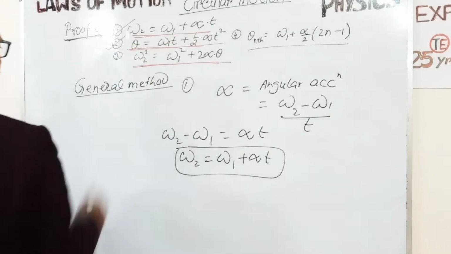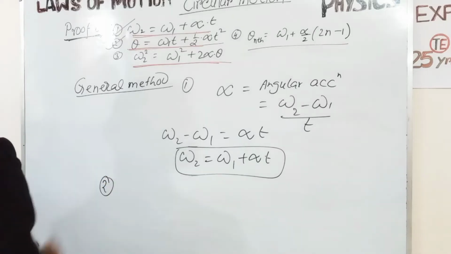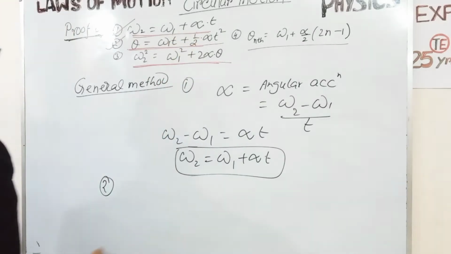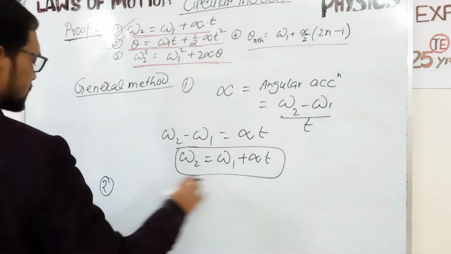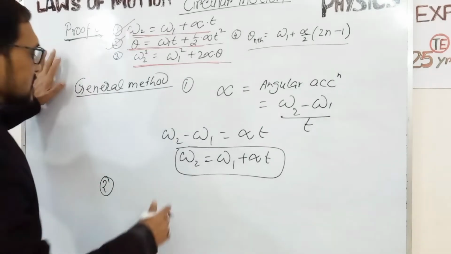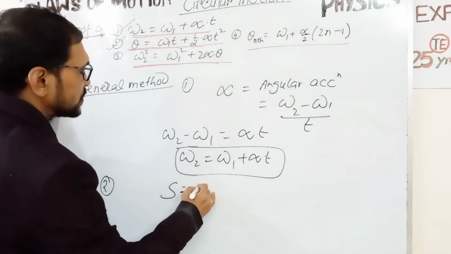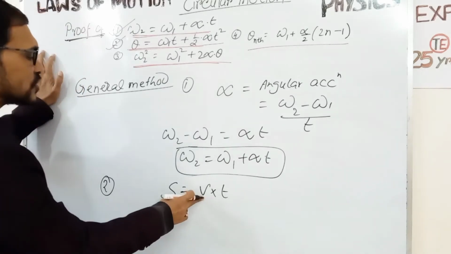Now the second equation, theta. To prove the second equation, in linear motion, in translational motion, what is the distance travelled? Distance travelled equal to velocity into time, if the body moves with constant velocity.